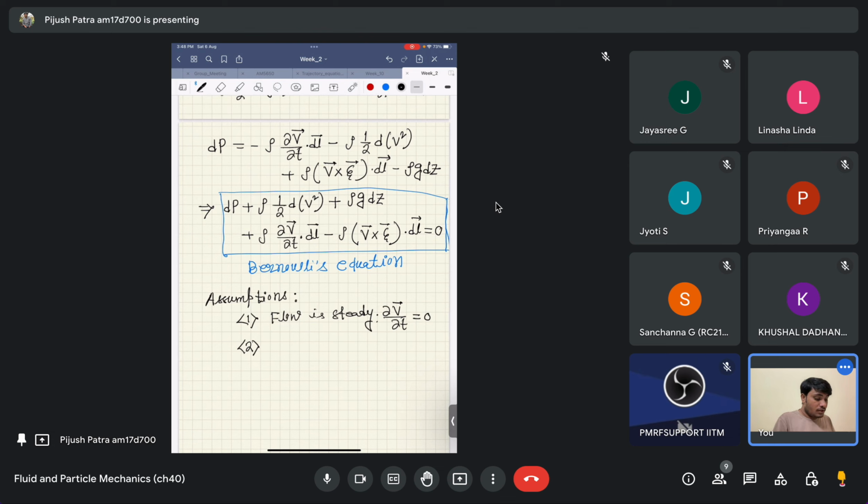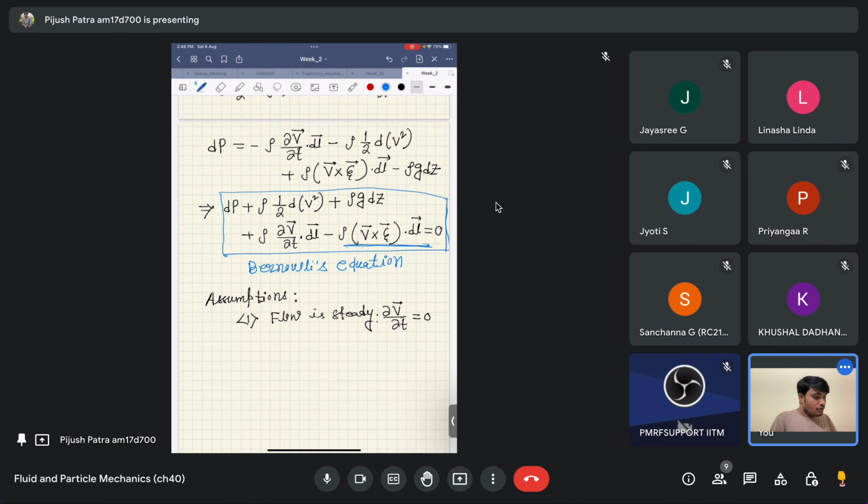So in the first case I assumed that the flow is steady. Now there is an interesting fact about this term which I should explain in detail. This particular term is a very interesting term.